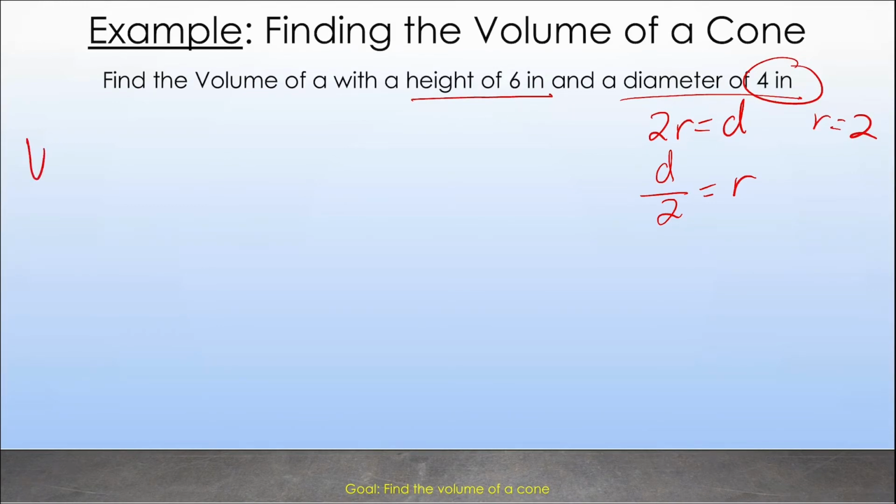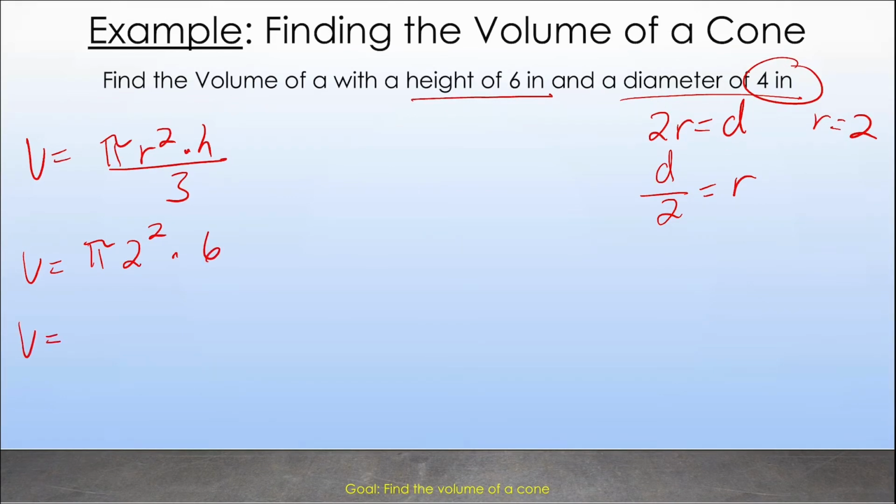So my volume of a cone is pi r squared times h divided by 3. We get pi times 2 squared times my height of 6. We get 4 pi times 6. We get 24 pi.